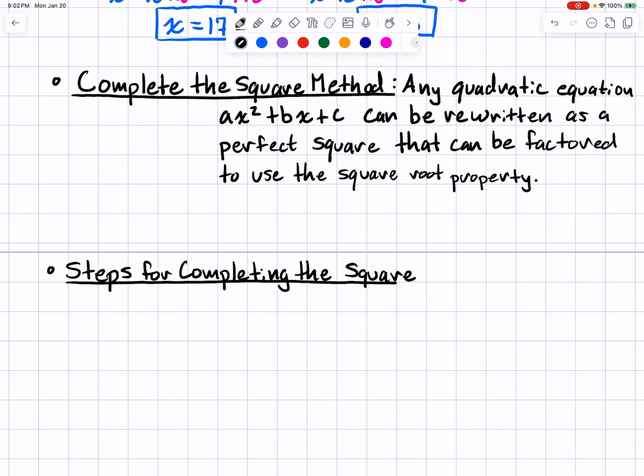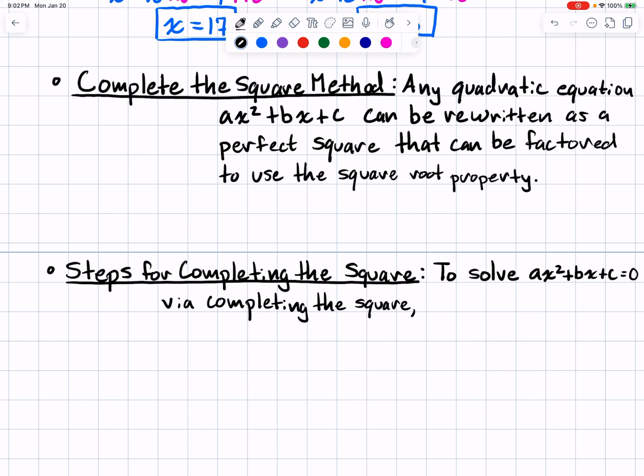To solve ax squared plus bx plus c equals 0 via completing the square, use the following algorithm. And I have some steps for you.